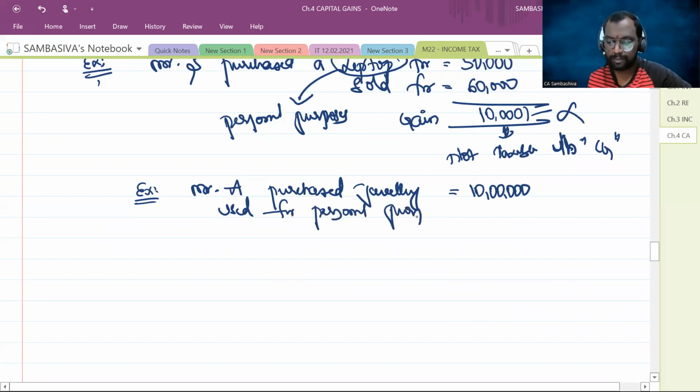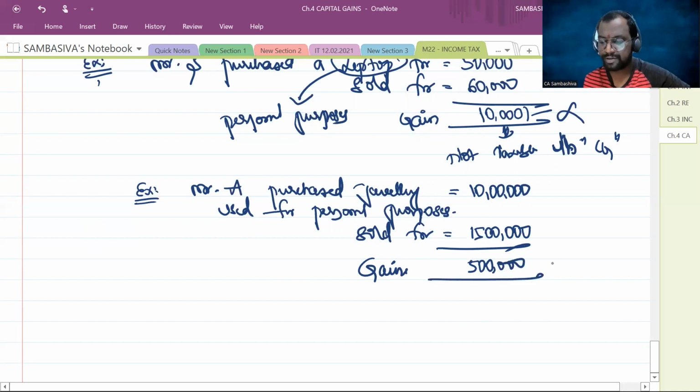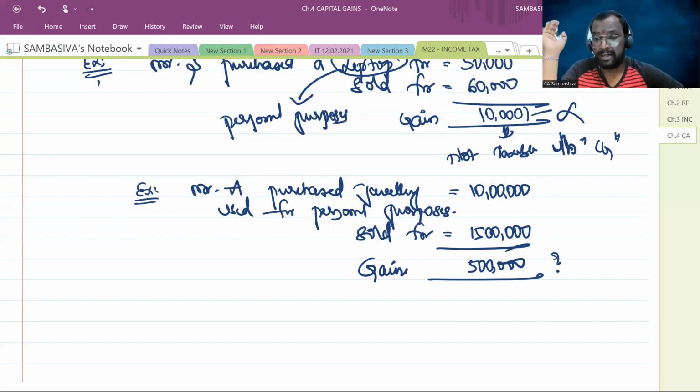Later, he sold the same jewelry for 15 lakhs. Now, he got a gain of rupees 5 lakhs. My question is whether this gain of rupees 5 lakhs is taxable under the head capital gains.